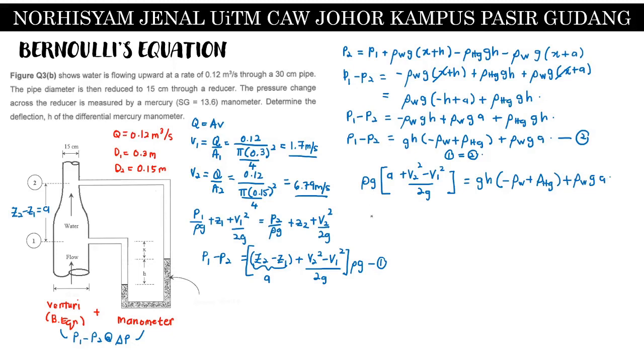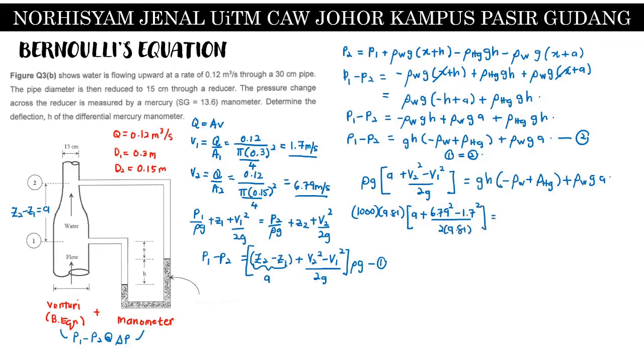So if you put in numbers here, rho over here is water, so 1000 times 9.81, and here we have a as a. We don't know the answer yet, but we have plus v square over here. v2 square is 6.79 square minus v1 1.7 square divided by 2 multiplied by 9.81. So that will be on the left side.